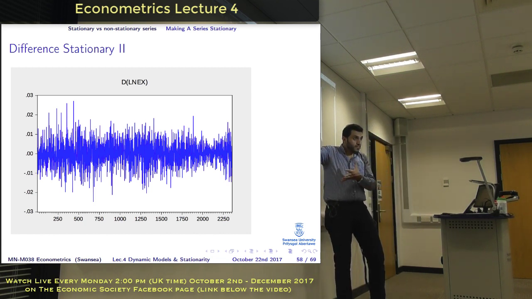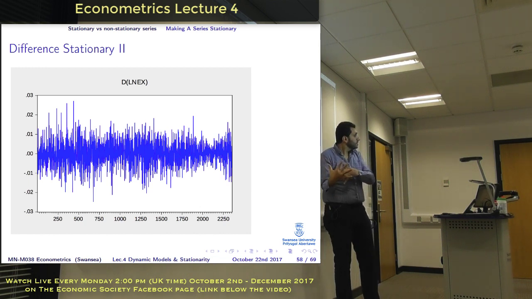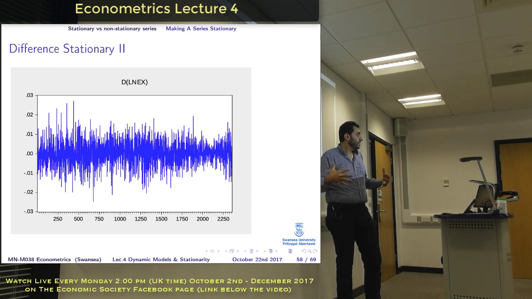In this case, it was I1 because it wasn't stationary in level. The data we had for the series wasn't stationary, and we confirmed this using the correlogram, or we looked at the unit root test, or we looked at the graph. So we know it is not stationary. But when we differenced once, it became stationary.